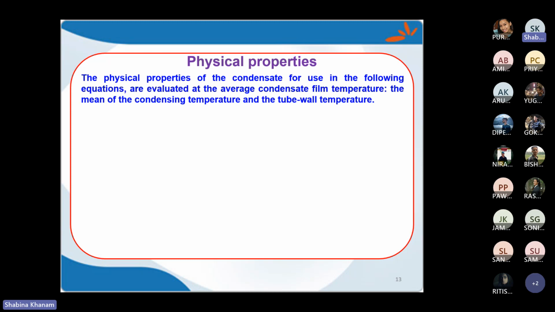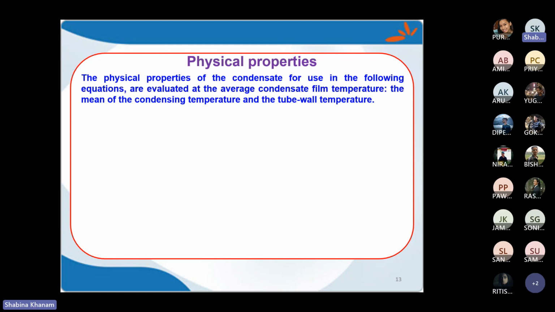There is no difference, as we considered before for the shell and tube heat exchanger. However, whenever I am having the condensation, on that side the physical property collection would be at a different temperature. How? Like the physical property of condensate for use in the following equations, which we are going to discuss, will be evaluated at average condensate temperature.